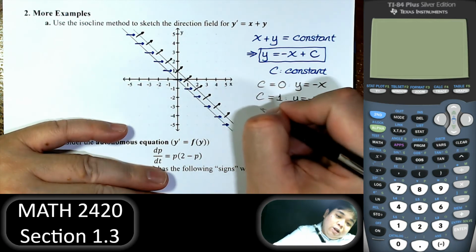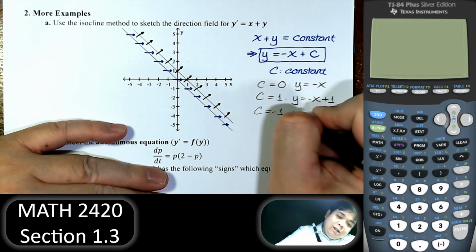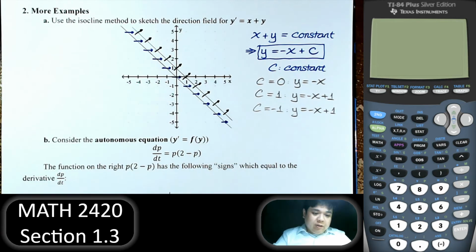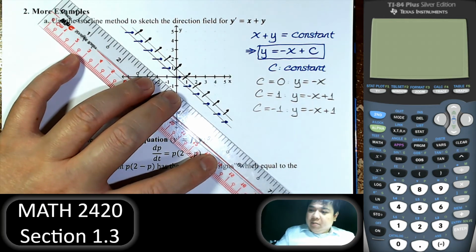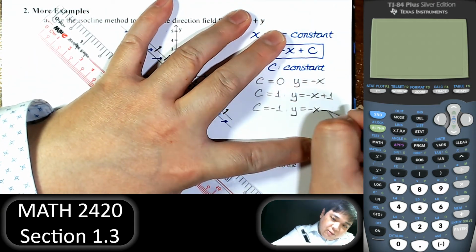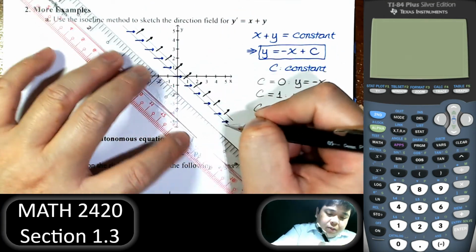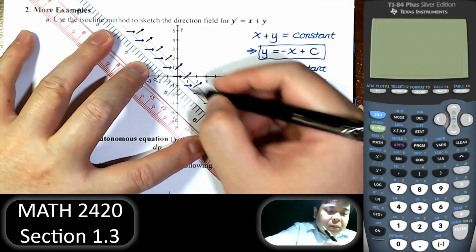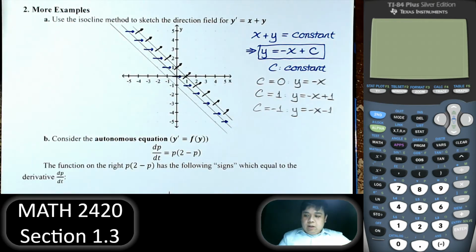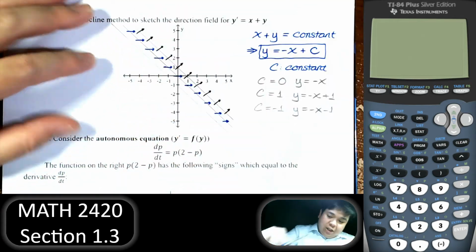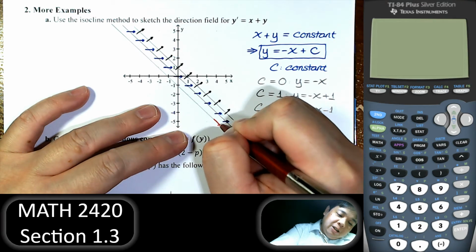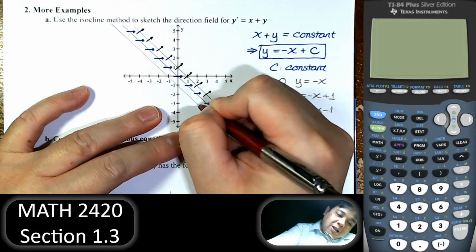And then c equal to negative 1, y equal to negative x minus 1. Slope equal to minus 1, so it will be that.